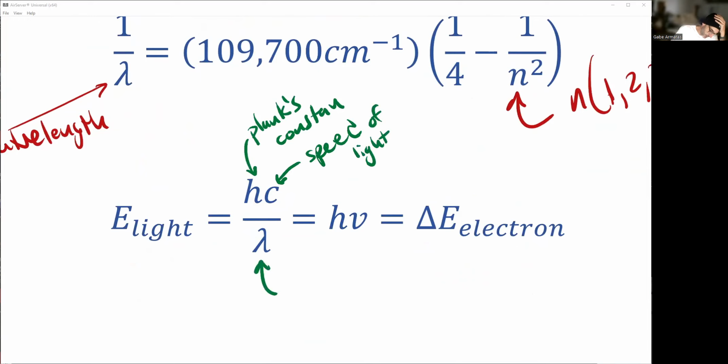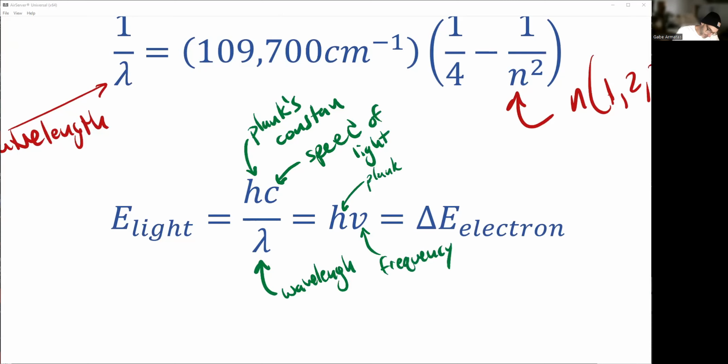Again, lambda is the wavelength. Again, we have Planck's constant, and we have v, which is going to be frequency. That's actually new, but frequency.